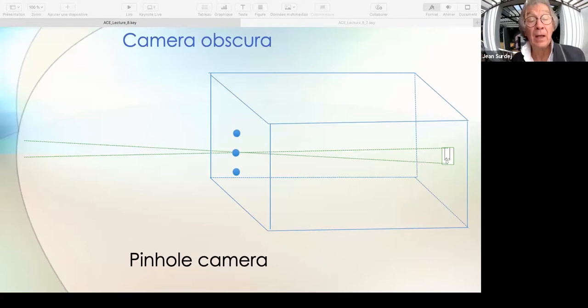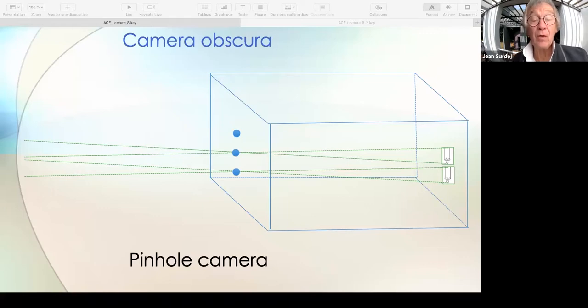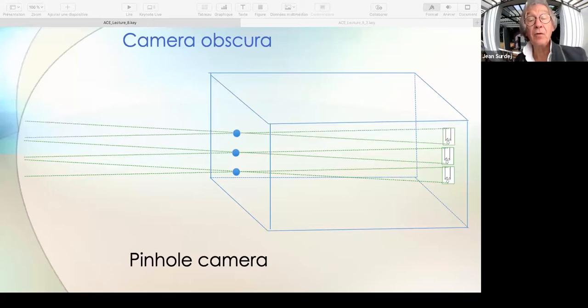Now, because the candle is so far away, if you ask what I shall see through the second hole, you will see a second image of the candle, but just translated by a distance which is exactly the same as the distance between the two holes on the left side of the box. So it's just a translation effect. For the third hole, you also see an image that is translated.